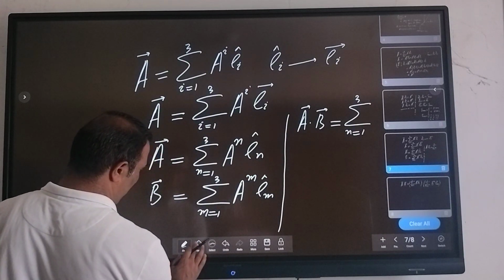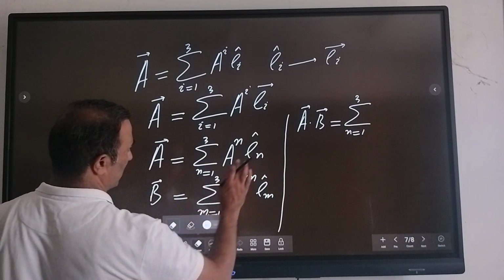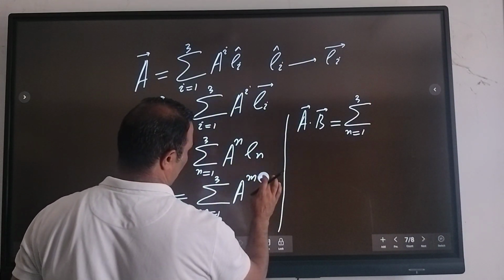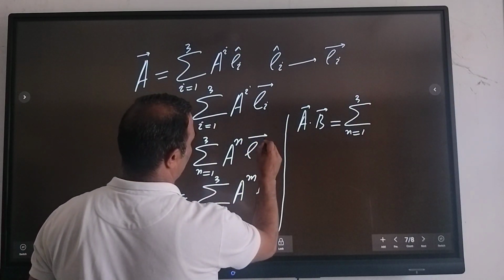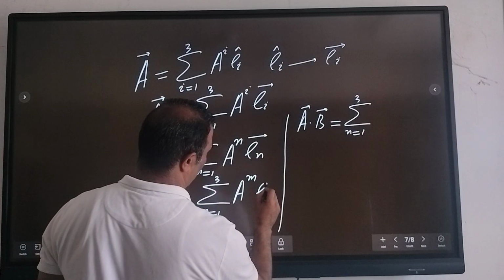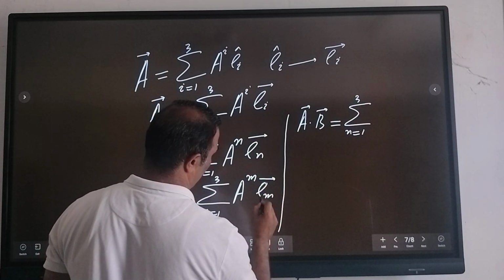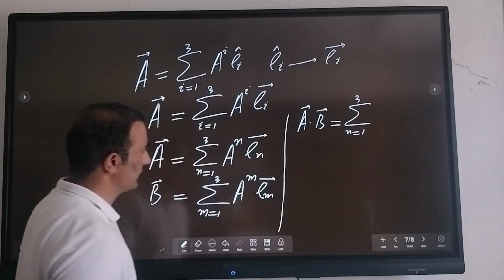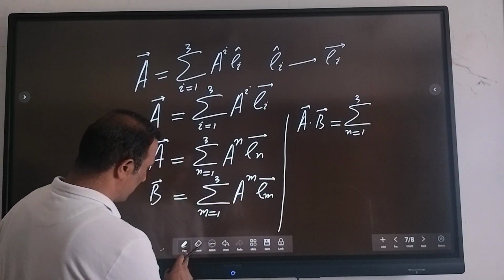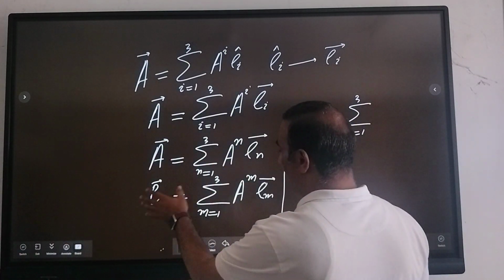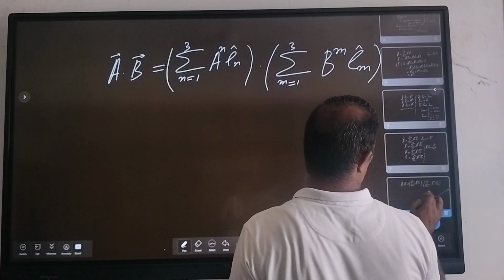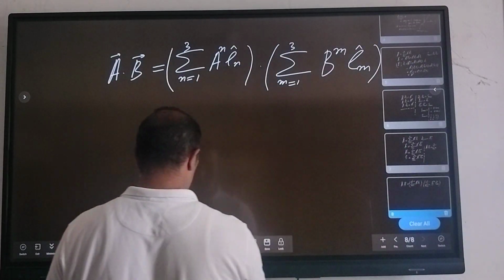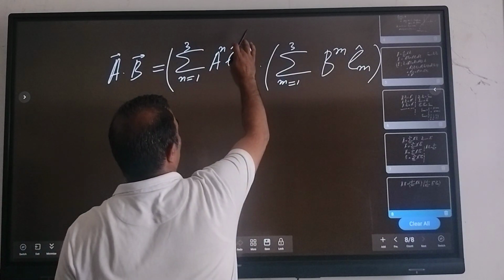So you write now, because I am writing it in terms of the basis vectors, we can represent it in vector notation. So this will be this one and the other. Okay, so this is a and b, right? And now because a is this one and b is this one, now you take a dot b. So a dot b is equal to okay, so again I made a mistake here.